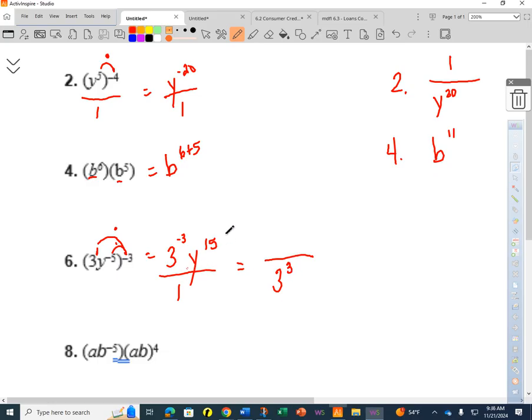Now, this y to the 15th power, is that going to move or stay, Kendall? Y to the 15th power, stay in the top or move to the bottom? Yeah, positive exponents don't get moved. So now, we're almost done, but we need to evaluate this exponent. That just means if it's a number raised to a power, we have to plug it in our calculator.